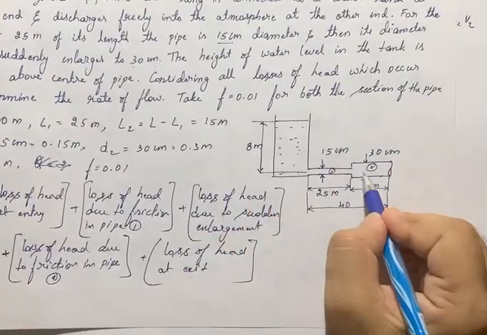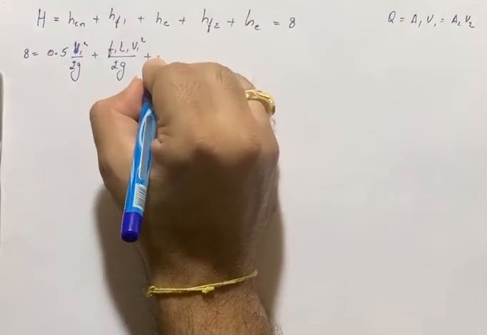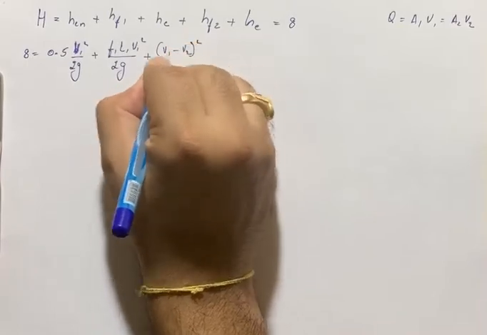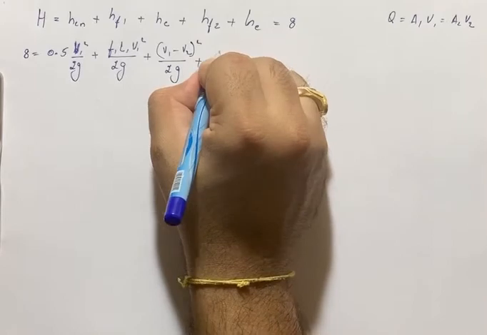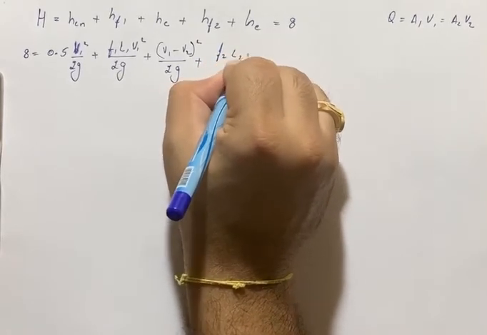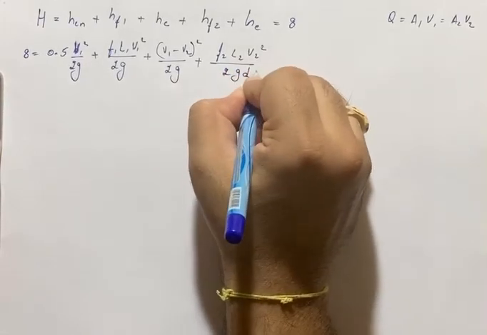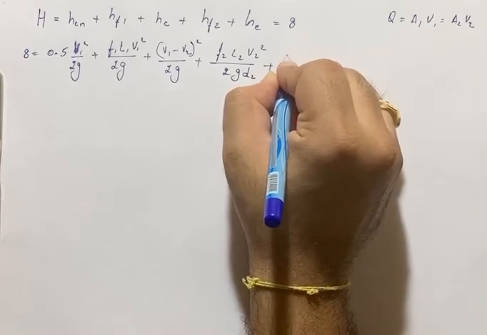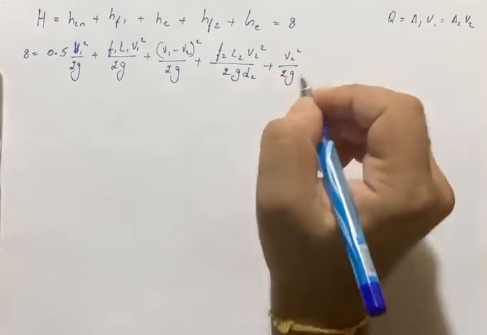Sudden expansion occurs between sections 1 and 2, pipe 1 and pipe 2. So the loss of head becomes V1 minus V2 whole square divided by 2g, right. Then friction in pipe 2, f2 L2 V2 square divided by 2g D2, right, plus loss of head at exit, V2 square divided by 2g, right.